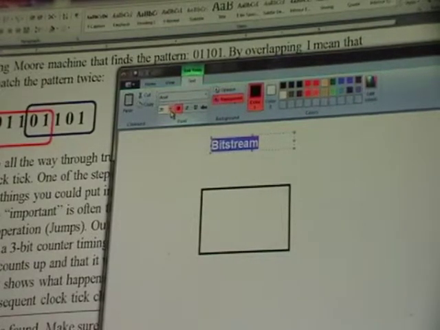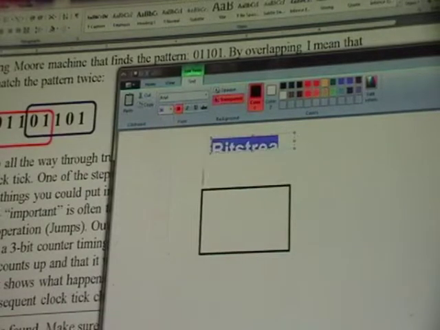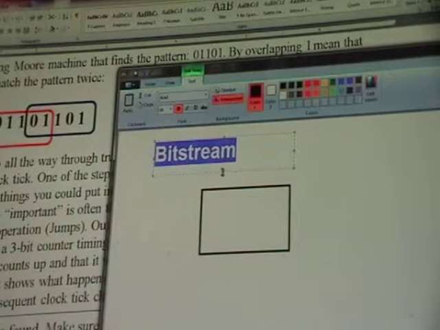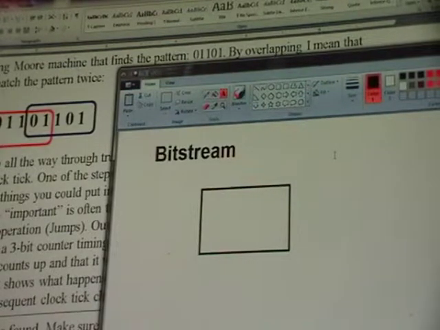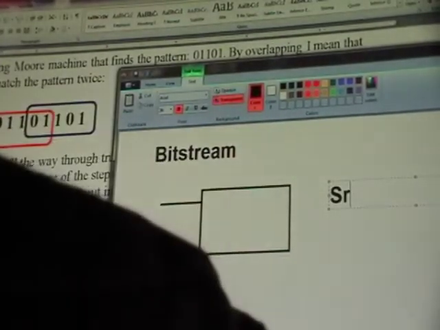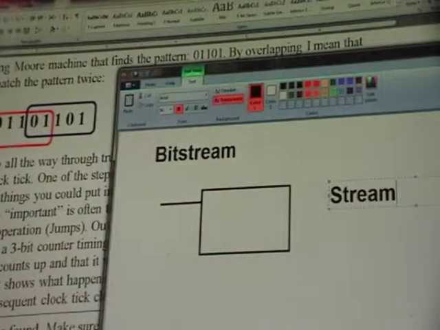My computer freezes regularly, so let's do that. Okay, so what a bit stream means is that there's a single wire coming in, and we can call that the stream.